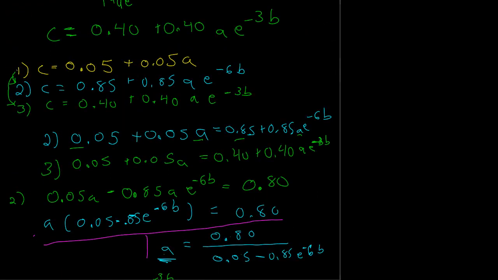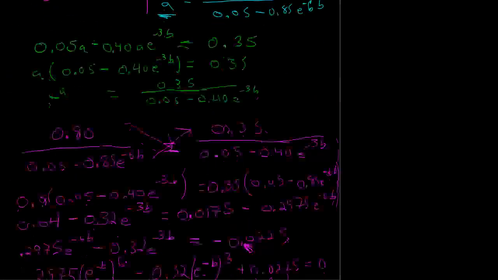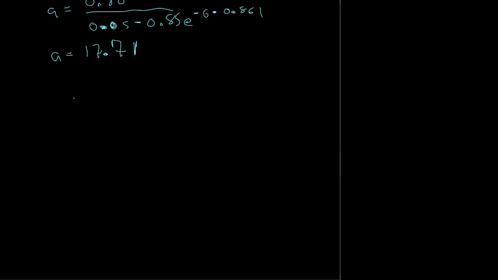C has this nice equation here: 0.05 plus 0.05A. So C equals 0.05 plus 0.05A. And so our C becomes 0.05 plus 0.05 times 17.71.